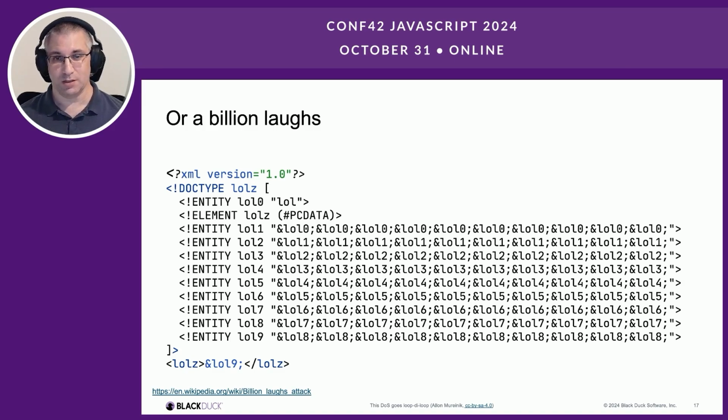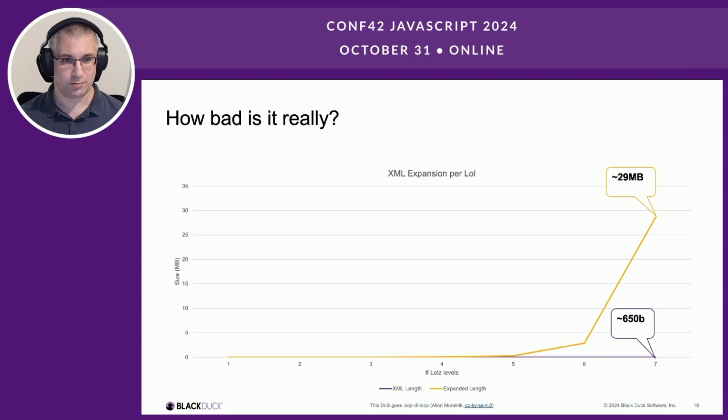So once again, I'm not a DoS geek, I'm a DoS nerd. So I graphed this out. And in this graph, I have two lines. The size of the XML as a function of the number of lol levels, and the size this expands to in memory as a function of the number of lol levels.